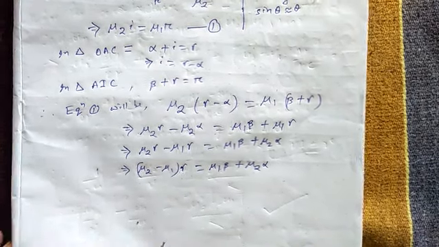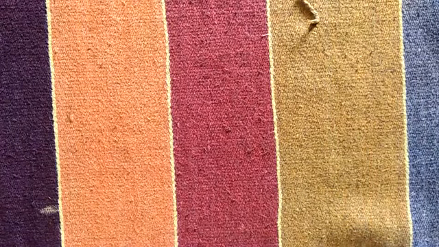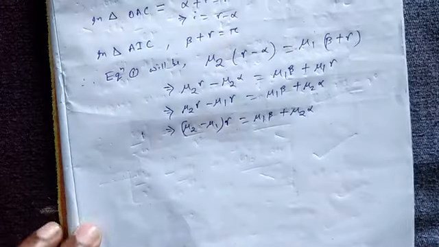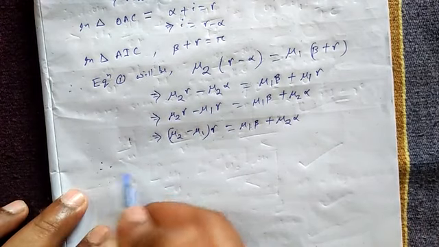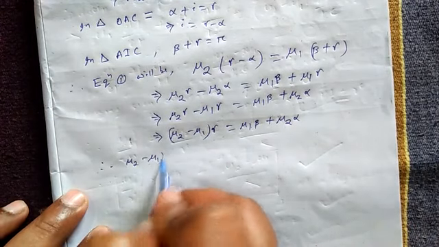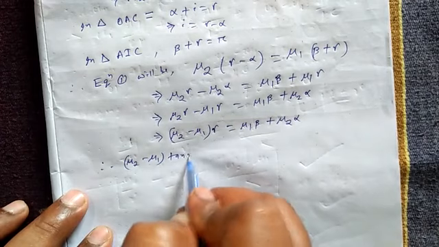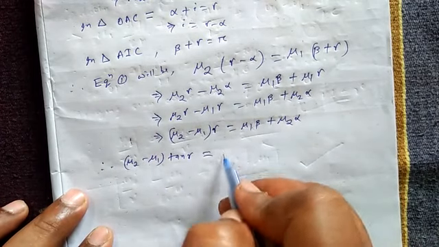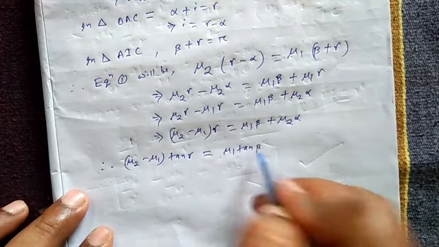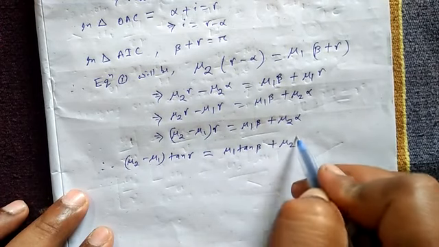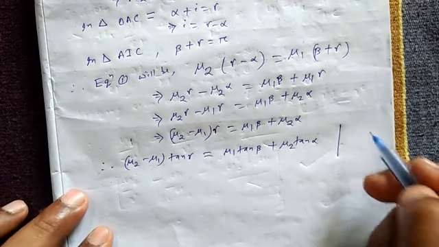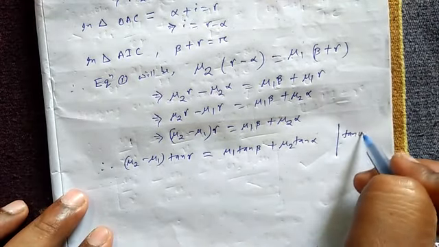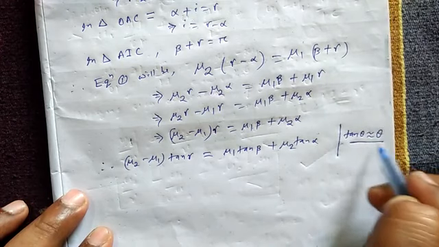Now replacing the angle by tangent, we can write mu2 minus mu1 into tan gamma is equal to mu1 tan beta plus mu2 tan alpha. So we have assumed, since the angles are very small, tan theta is approximately equal to theta.